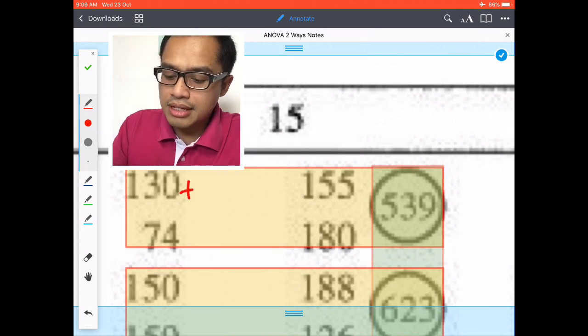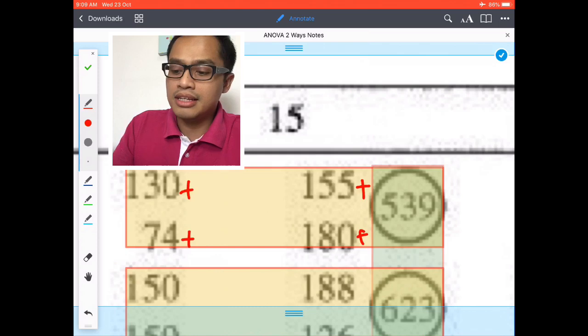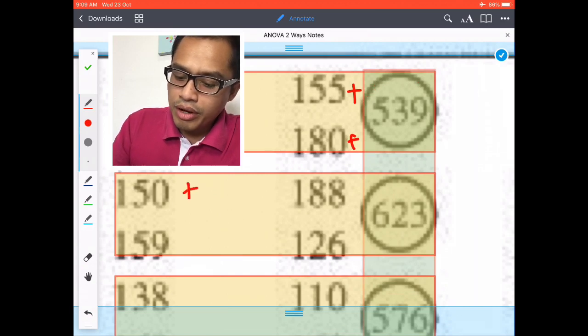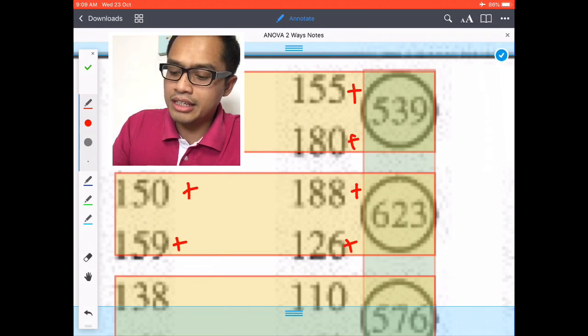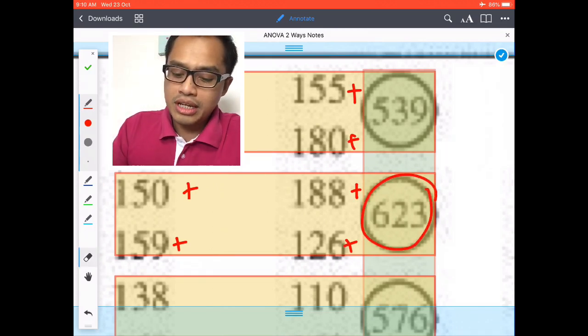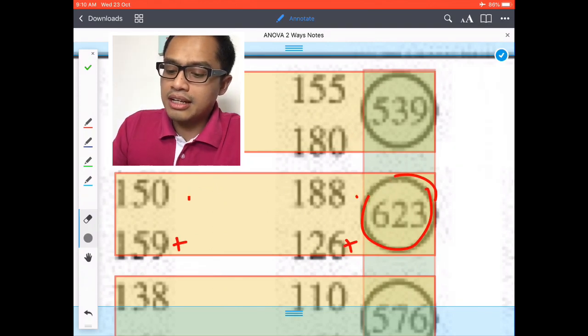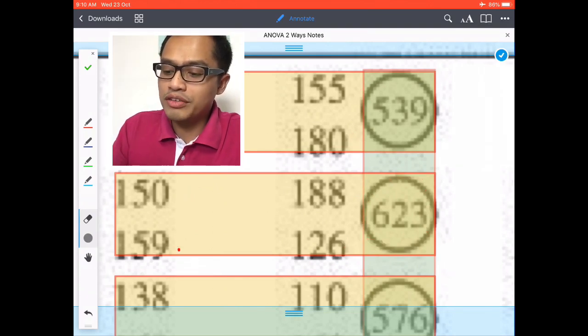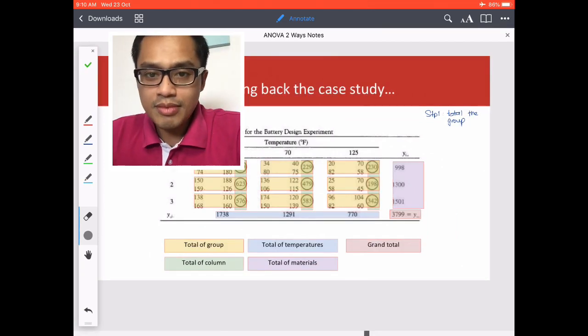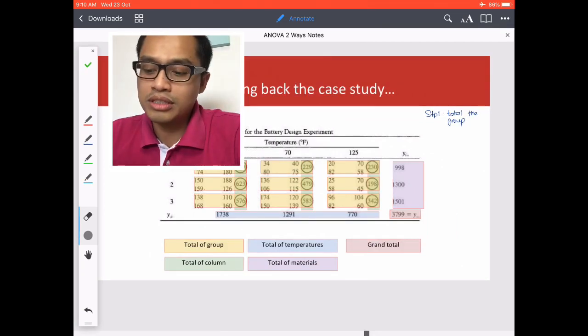If you add 130, 155, 74 and 180, you get 539. Similarly, 150, 188, 159, 126 hours, you get 623. So you do this 9 times for each of the groups, and you get all of these circles. That means total the group.